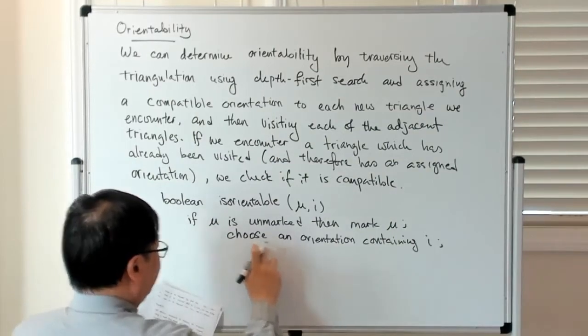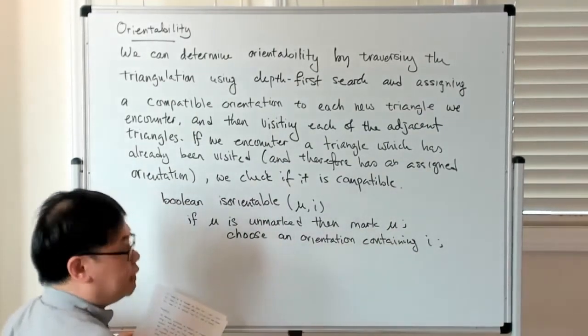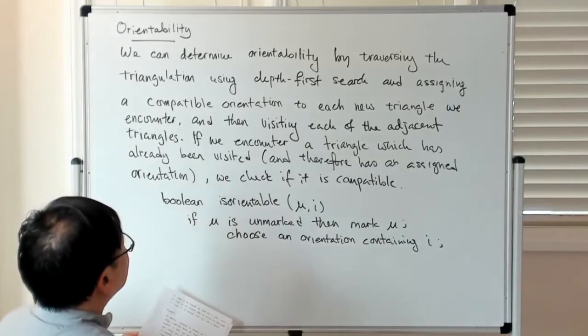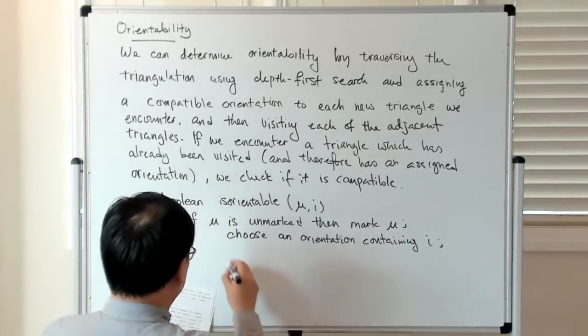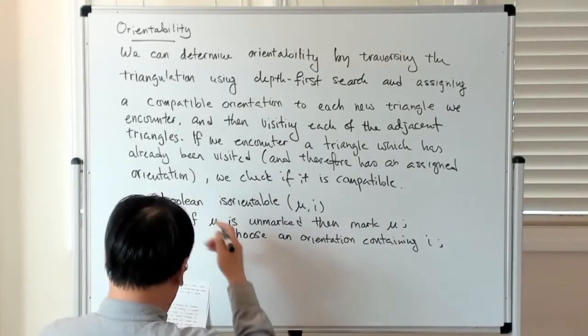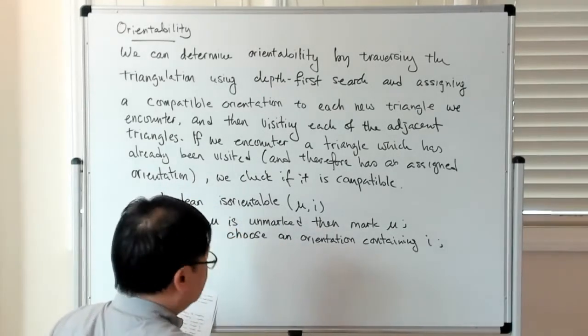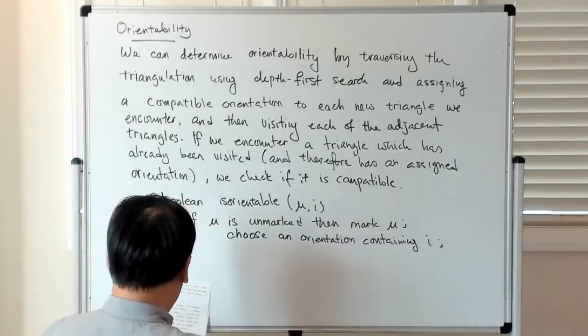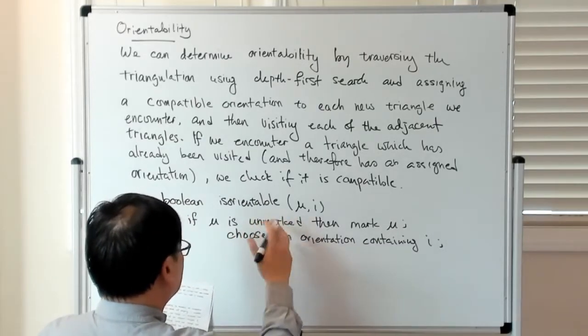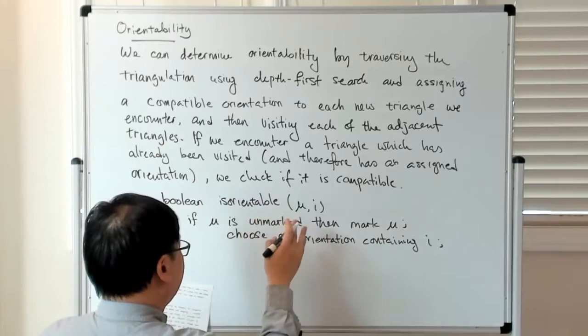So this thing here would be what we call P1, of course, in this depth first search algorithm. And then now you want to look at all the adjacent faces. This can be done explicitly because of the way this is structured.